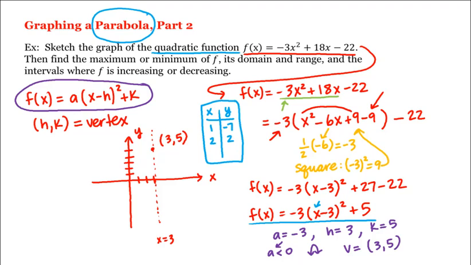So let's plot 1, negative 7. So this is negative 1, negative 2, negative 3, negative 4, negative 5, negative 6, negative 7. So 1, negative 7 will be here. And 2, 2 will be up here. And now, because of symmetry, we know that 4, 2 also has to lie on our graph, as well as 5, negative 7.